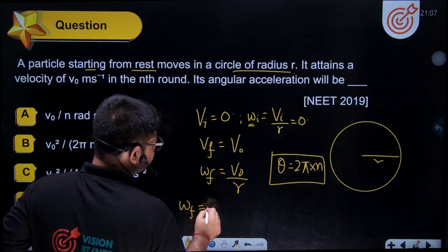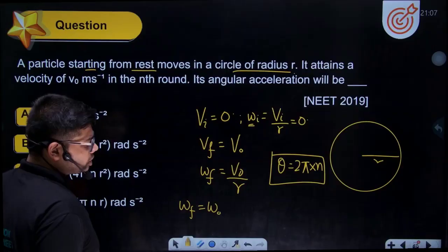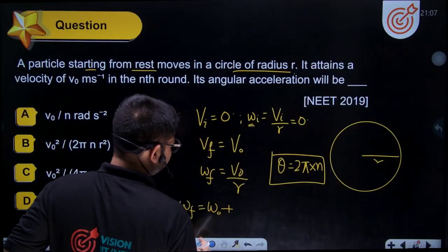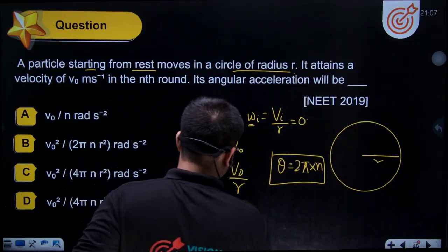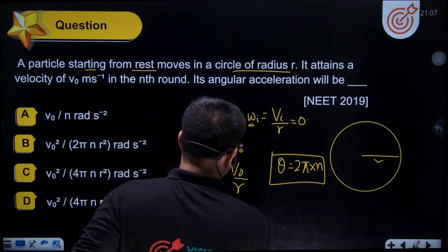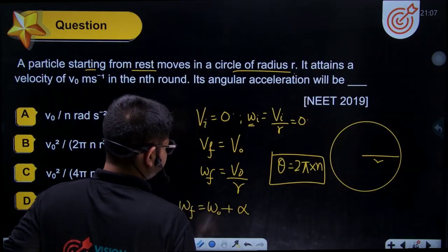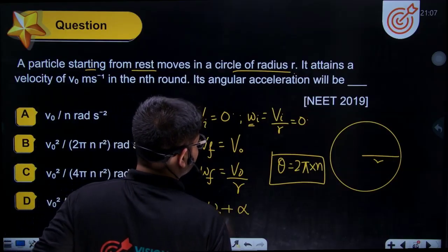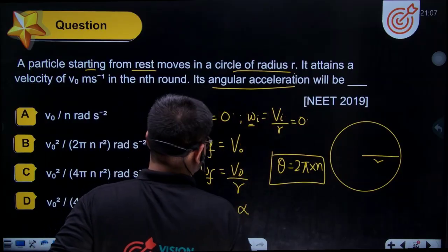So omega f is equal to omega naught plus alpha t, है ना. Omega naught is my initial. So we are actually finding out its angular acceleration.